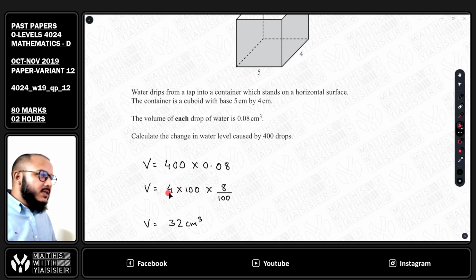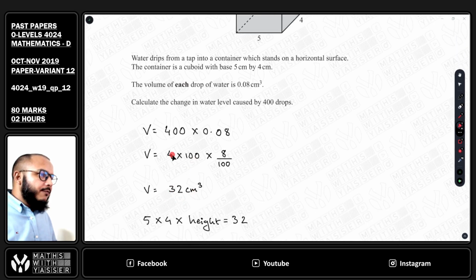This can also be written as 4 times 100 times 0.08, which can also be written as 8 over 100, and we can now cancel this 100 and this 100 by dividing them. And 4 times 8 will be then 32. So that is the volume for 400 drops. So the change in water level, which means they're talking about the height.